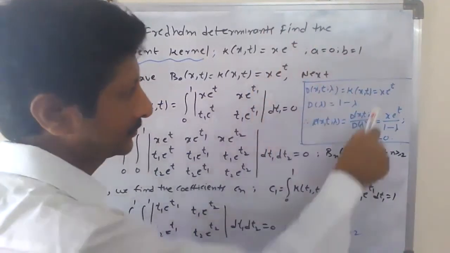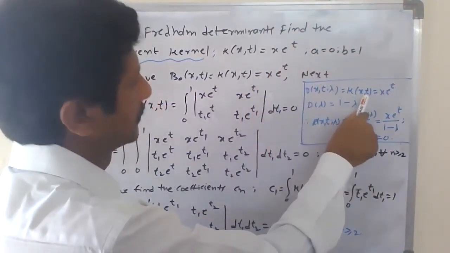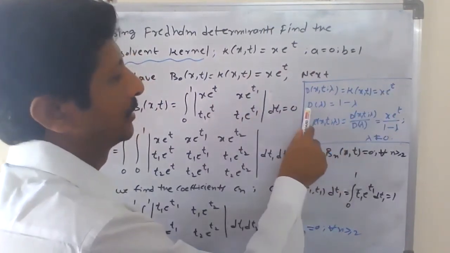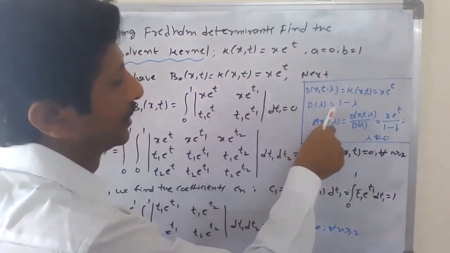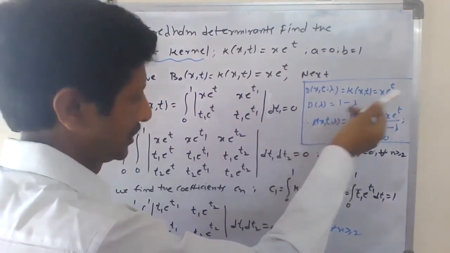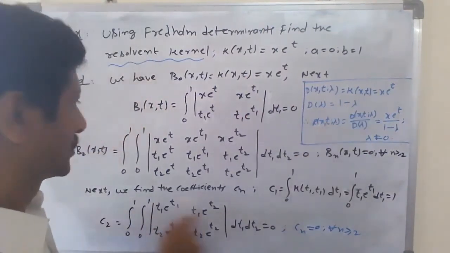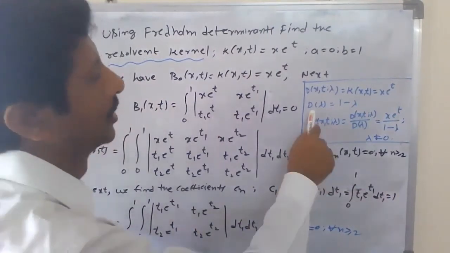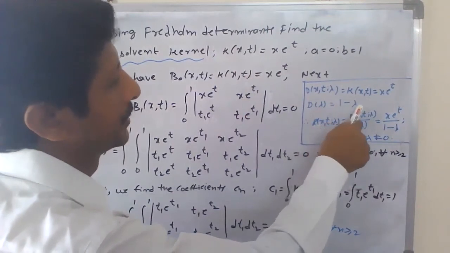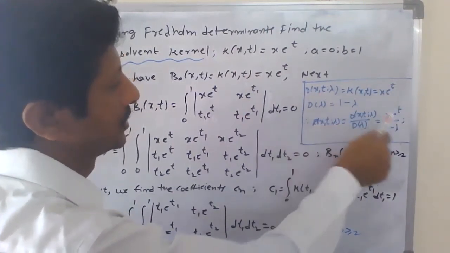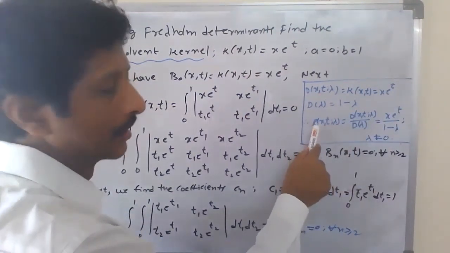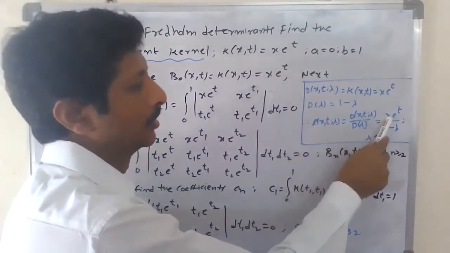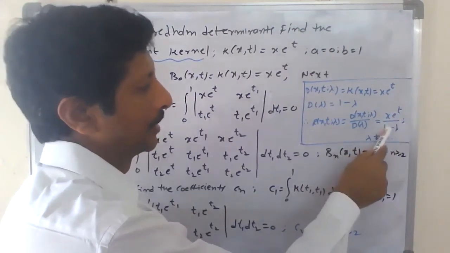And D of lambda will be 1 minus lambda, because C1 is just 1 and the other terms are zero. Substituting these, our resultant kernel D of x comma t comma lambda divided by D of lambda is equal to x e to the power of t divided by 1 minus lambda.